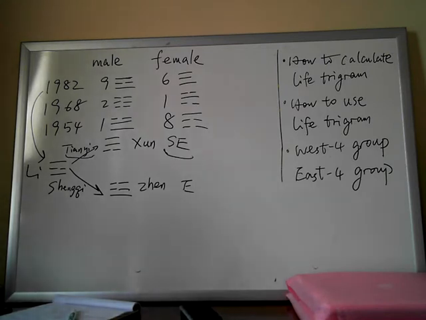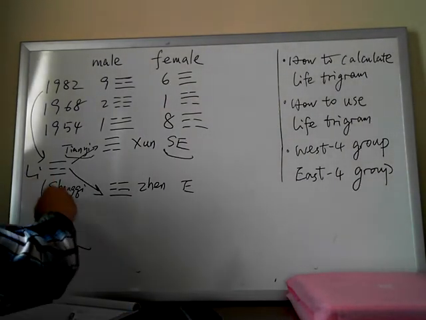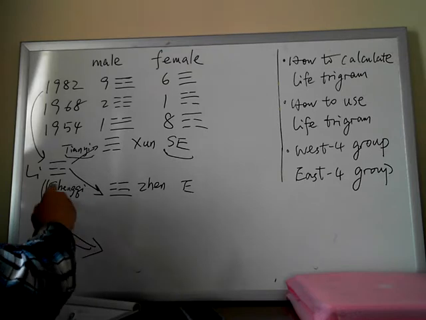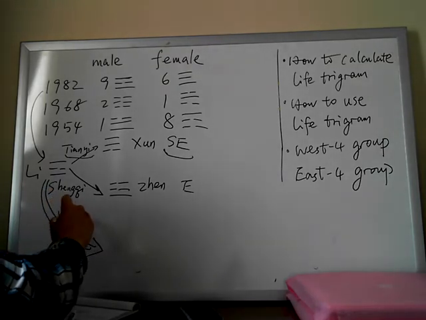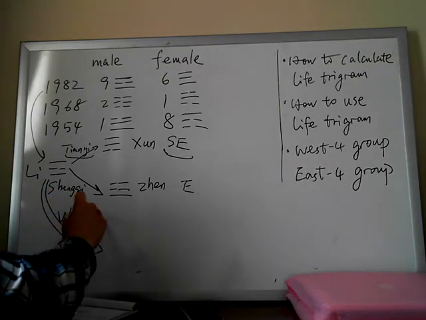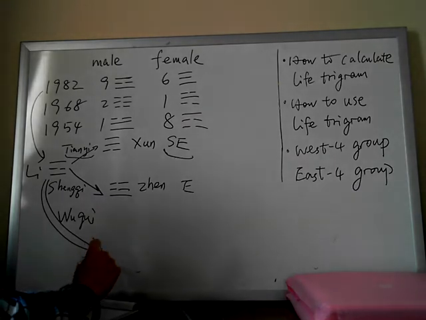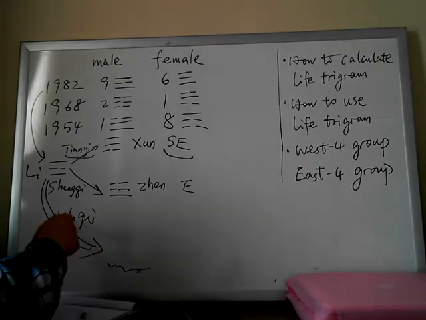Similar with other directions. But for the life trigram, the most important thing you need to do is to avoid the 5 ghost direction, which is the Wu Gui direction. This direction would be the direction you really need to avoid. How to get that?